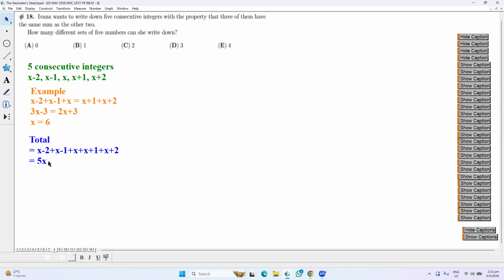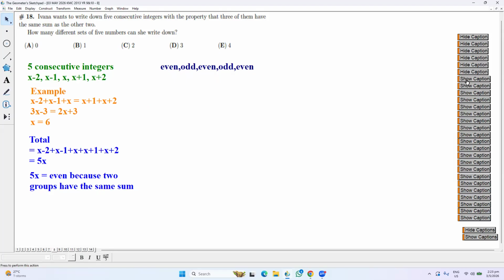And because when divided into 2 groups, they have the same sum, the total must be an even number. 5x is even because the 2 groups have the same sum. Because of that, we know the center number x is even, so even, odd, even, odd, even.